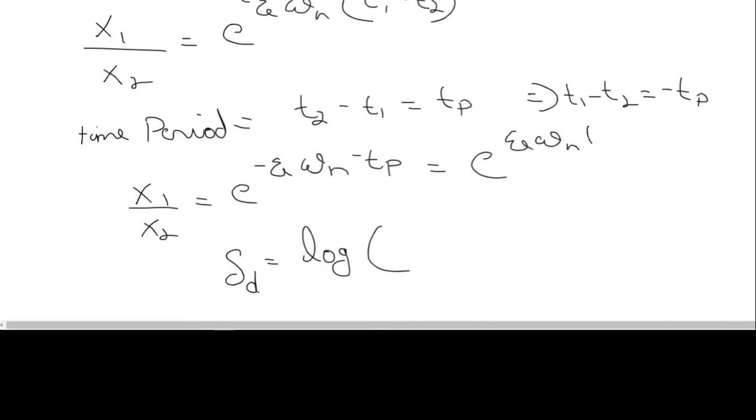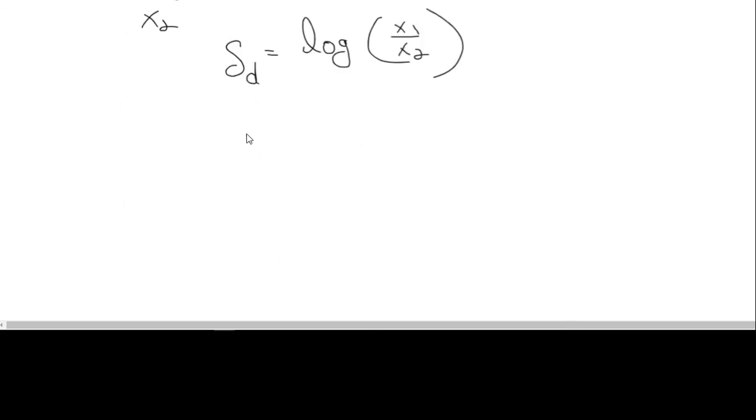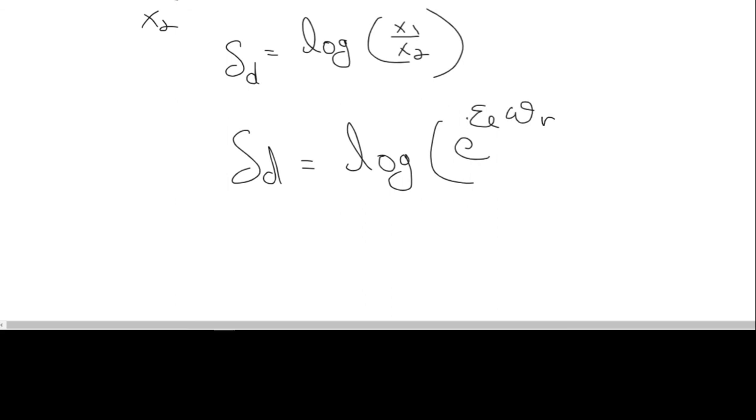omega n Tp. So taking the natural logarithm of x1 by x2 as our logarithmic decrement, you will get the logarithmic decrement as log of e to the power of epsilon omega n time period.